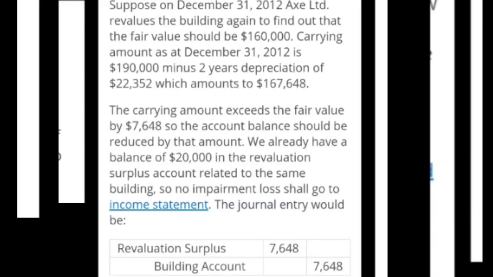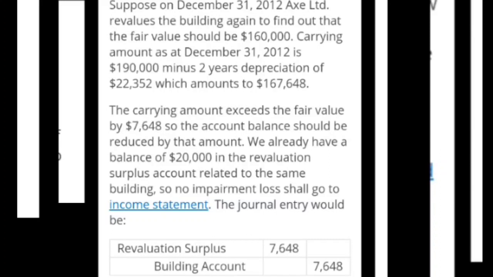Now the carrying value exceeds the fair value by $7,648. So we discussed before that no impairment loss shall arise, because we have the balance of $20,000 in the revaluation surplus account, which is more than $7,648. Therefore no impairment shall arise, only the revaluation shall be reversed.